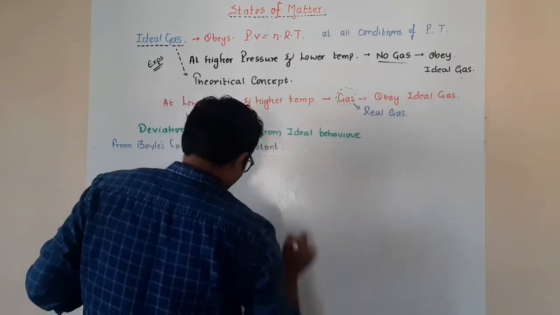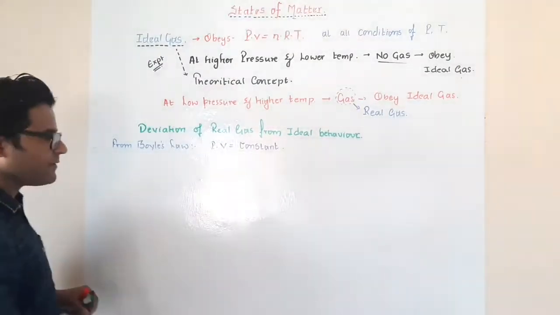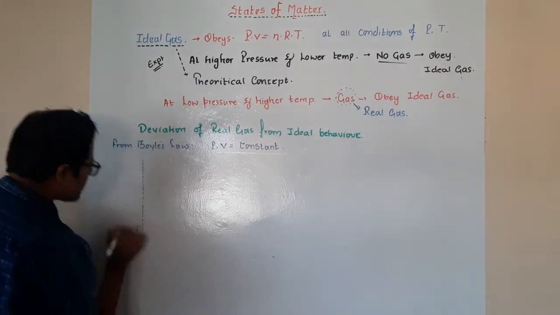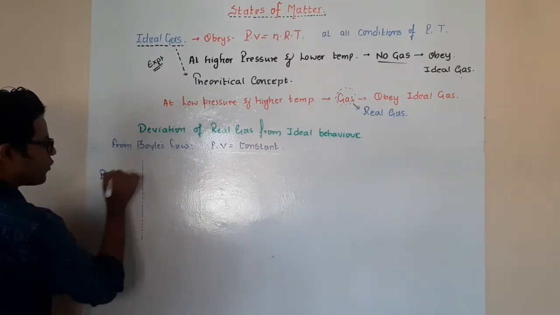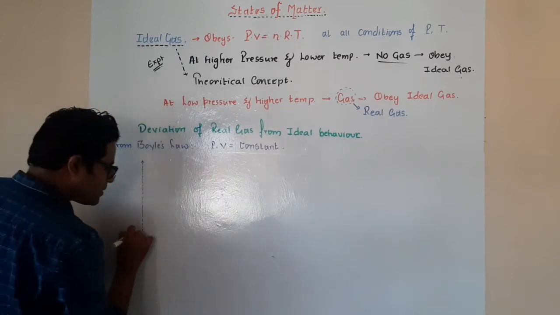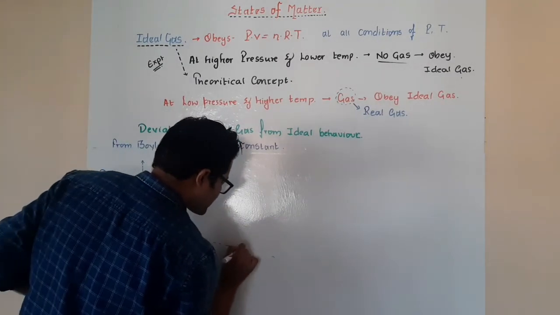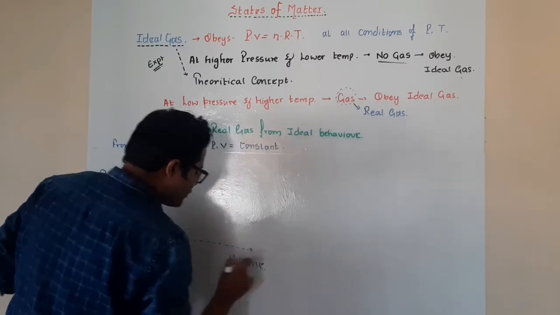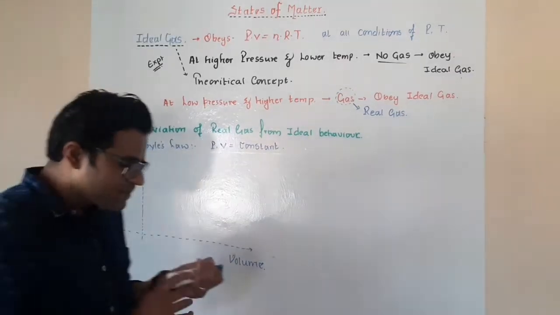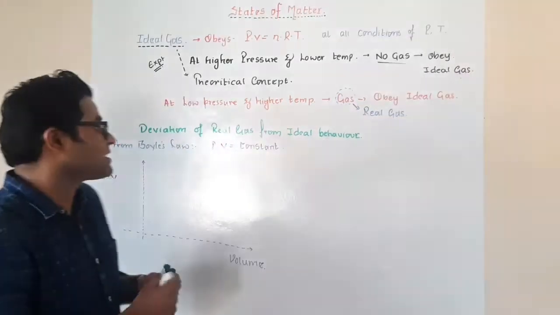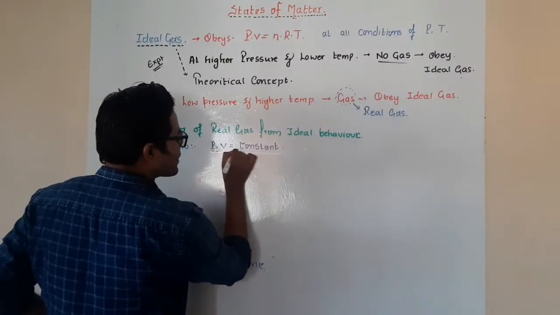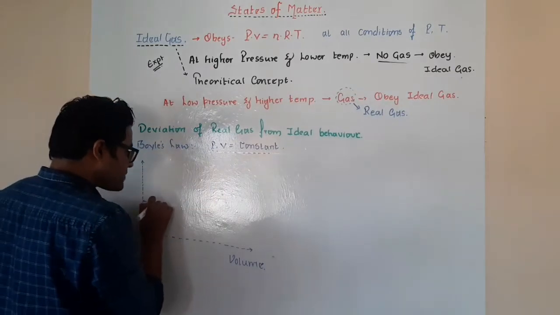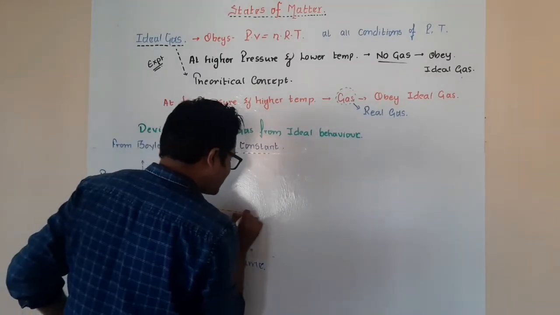So if we plot a graph of the product of pressure into volume versus the volume, and the gas was an ideal gas, meaning P into V remains constant, then we would get a straight line.